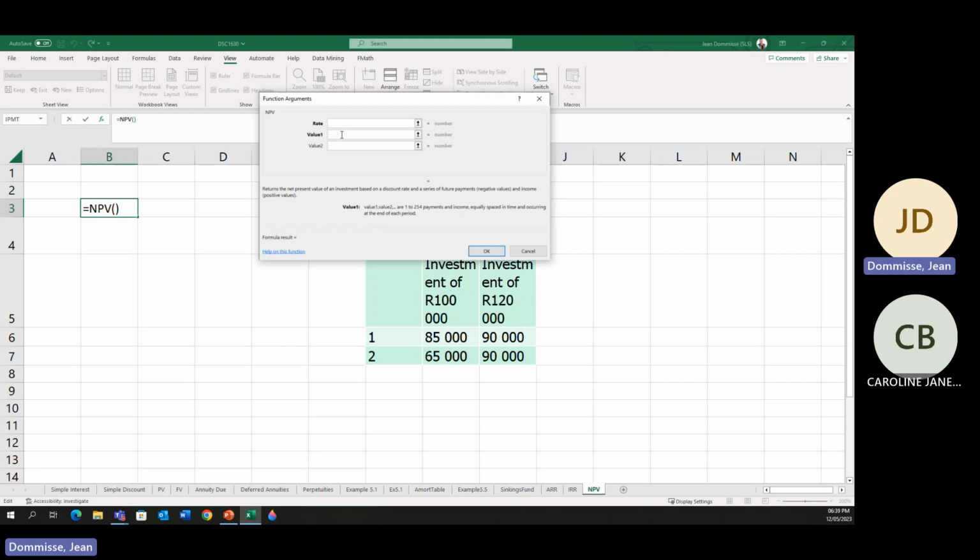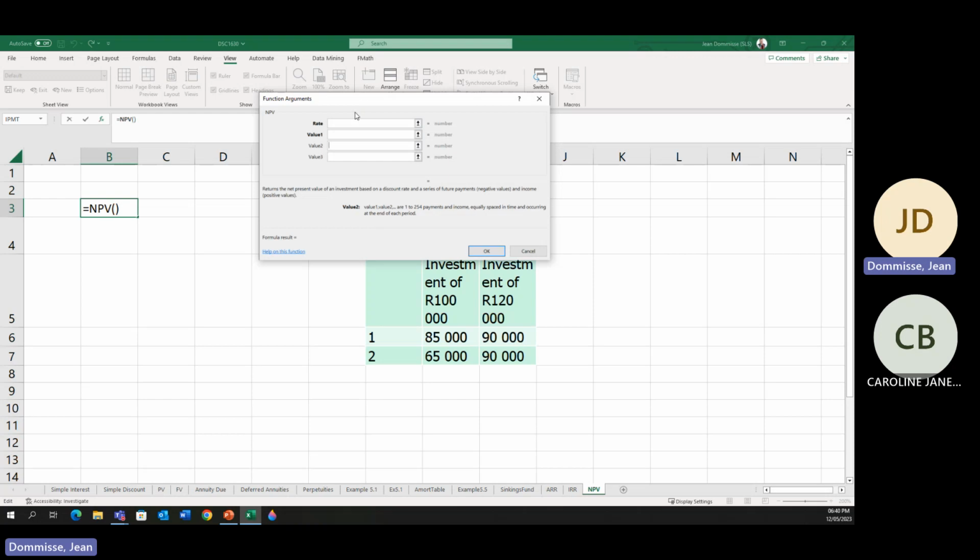Then they tell you, okay, the present value of investment. So you can add in here as many numbers as you want.